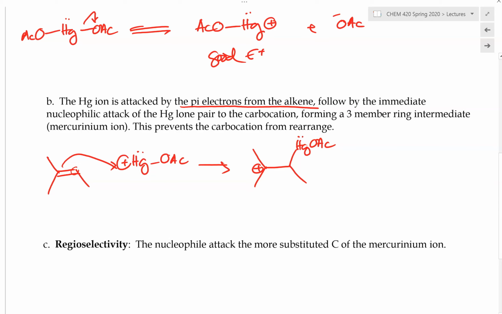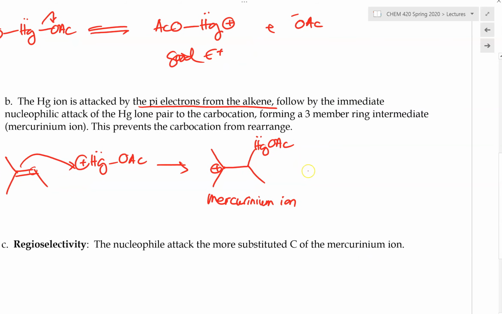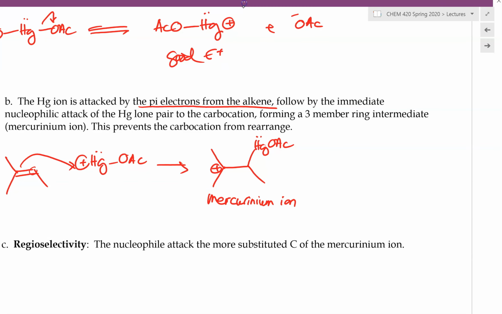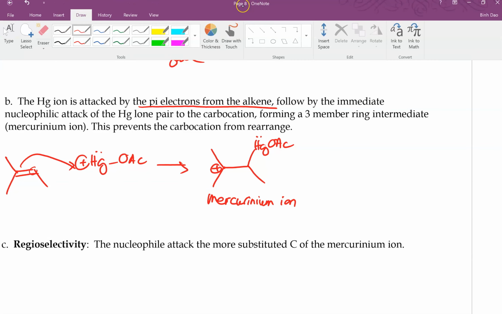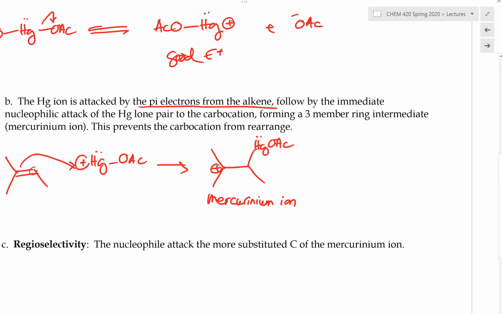Now, once we form this, it is called the mercurinium ion. And once we form this ion, because the mercury also has a lone pair of electrons on it, that is what makes it a good nucleophile.